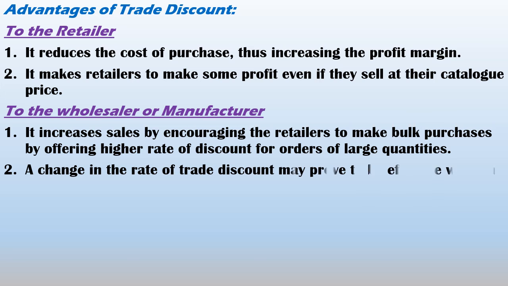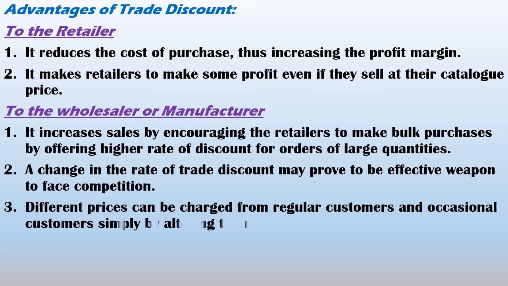A change in the rate of discount may prove to be an effective weapon to face competition. So here the trade discount can be a weapon when there are so many manufacturers and wholesalers producing and supplying the same type of goods. So this trade discount can prove to be an effective weapon to face competition.